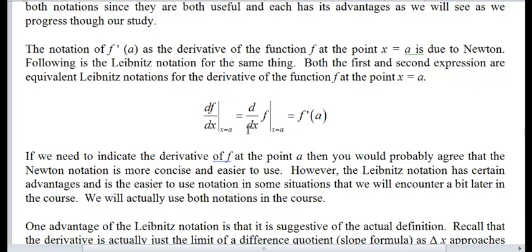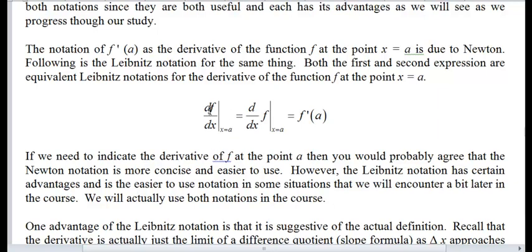If you do the same thing in Leibniz notation, there are a couple of ways you could write it. You could write it as df over dx evaluated at x equals a, or d over dx of f evaluated at x equals a. So it's a little more cumbersome notation on the Leibniz side. The Newton side is a little more compact, so in a way it is preferable to use Newton's notation.